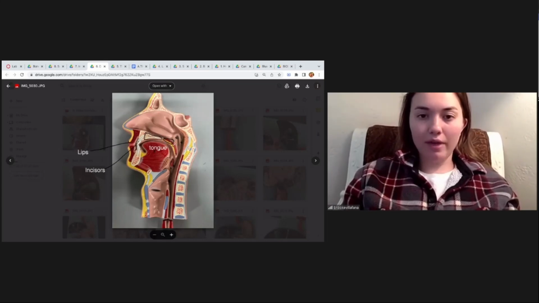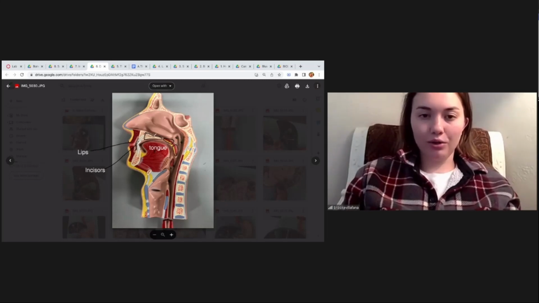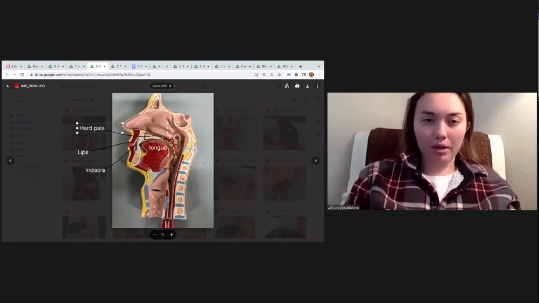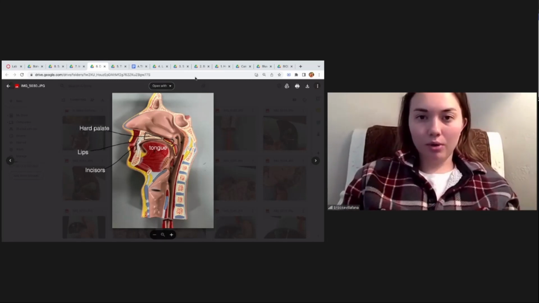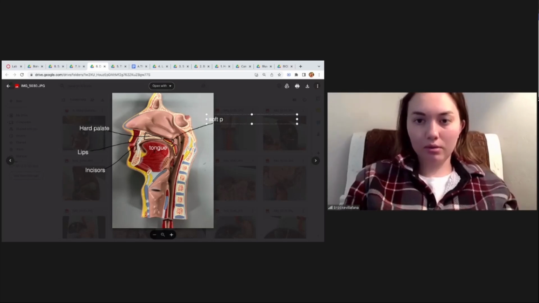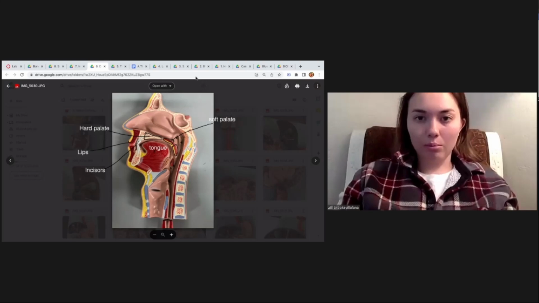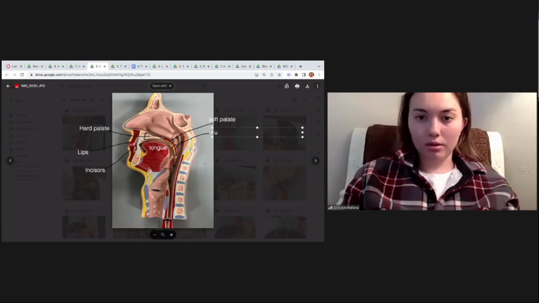I'm going to divide that because you have your hard palate, your soft palate, and your uvula. So we're going to go here. The front part is the hard palate. This part here is going to be your soft palate. And then the back here, your uvula.